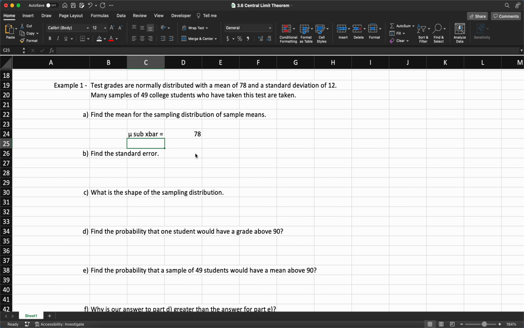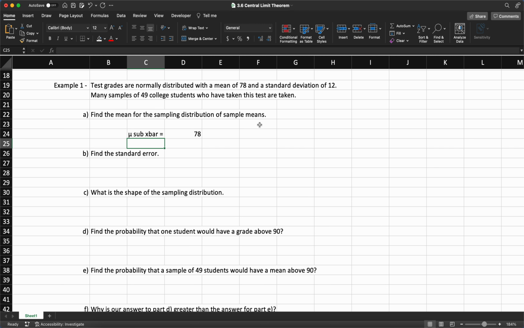I have taking this test, if I take all of their scores together and average it, shouldn't that get closer and closer to 78? Now, I might take a sample of people who happen to do really well on this test, and I might get a sample mean that's more than 78. But then I'm going to take another sample mean, and that sample mean might be less than 78. And I might take a sample where the sample mean is exactly 78.